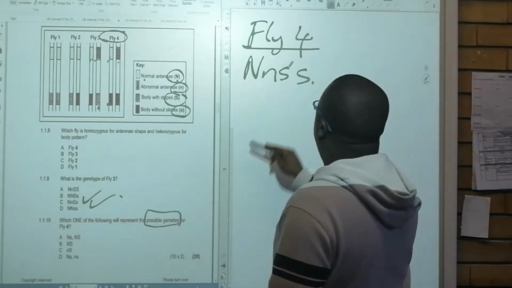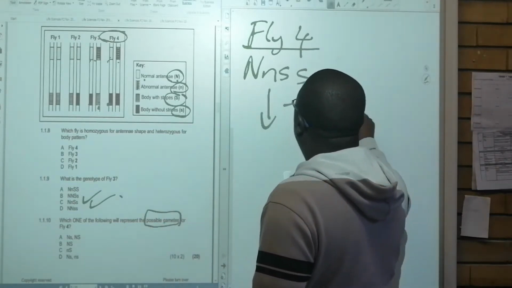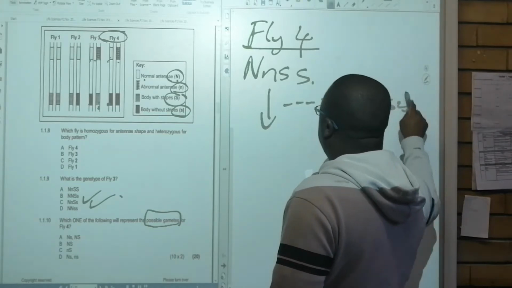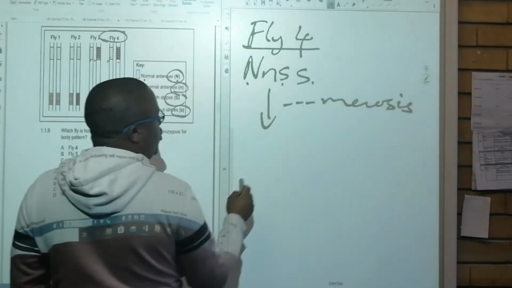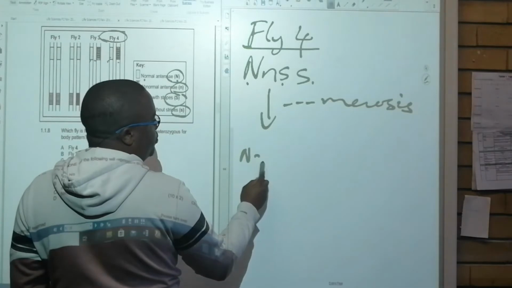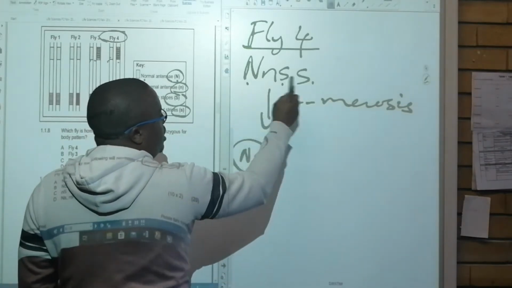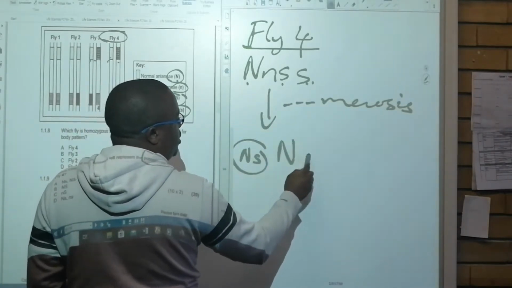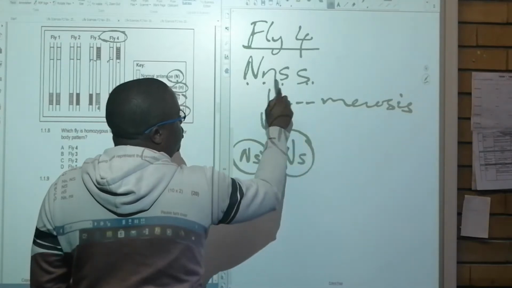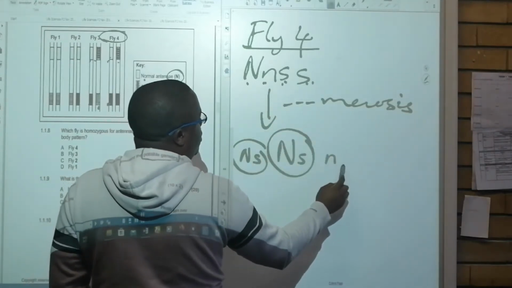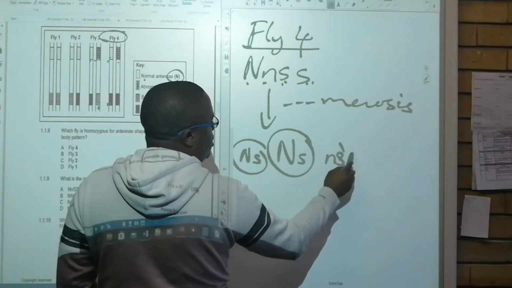What are the possible gametes? We generate them ourselves. This is what? Meiosis. This one and this one can be together in a gamete. This one and this one can be together in a gamete. This one and this one can be together in a gamete.